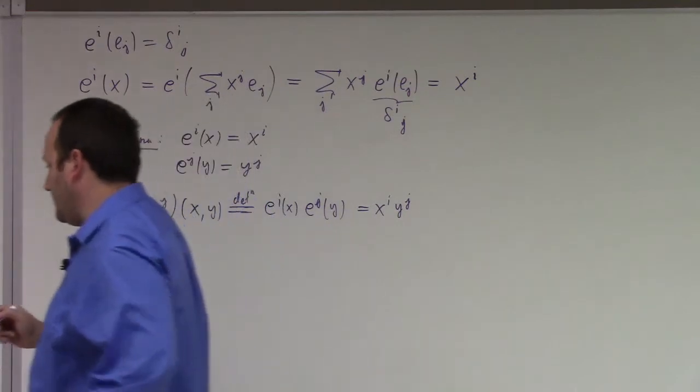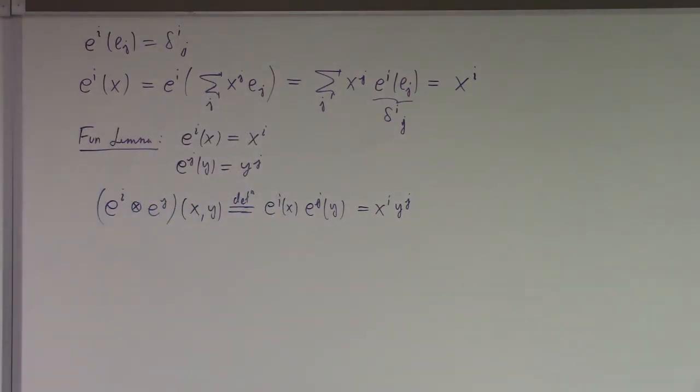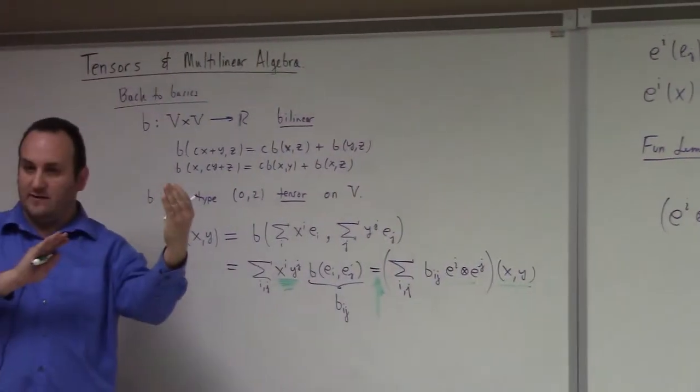So you go back over here, and now you can understand what I did right here. I took this thing right here and rewrote it as this acting on that. And then I used the sum of linear maps, and rewrote it as just one function acting on that (x,y).